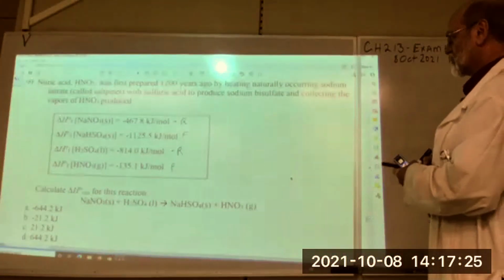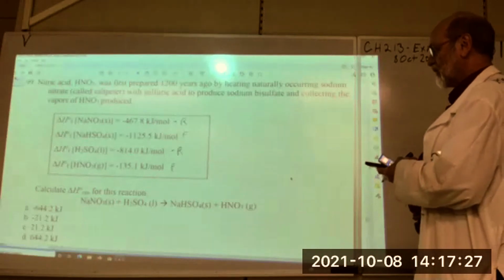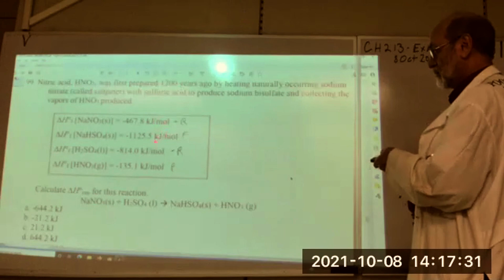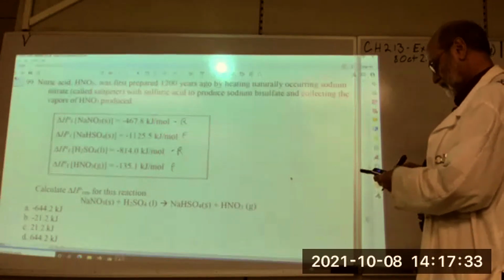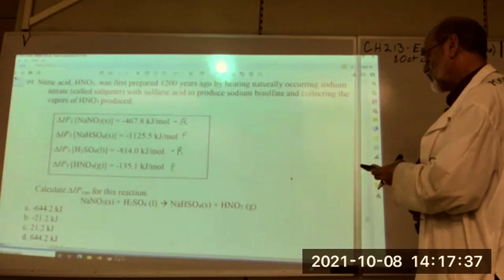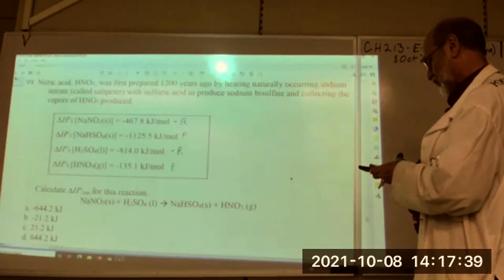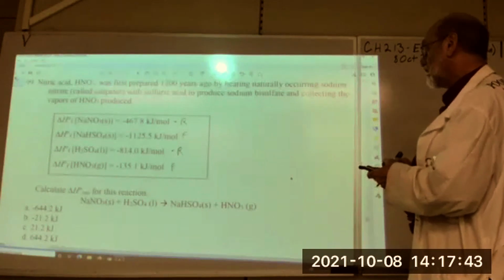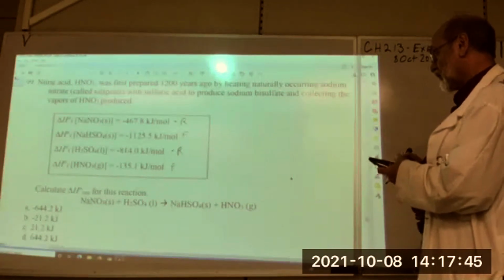So products first, minus 1125.5, and they're all in the same units of measure. That's important also. Then the other product, 135.1.